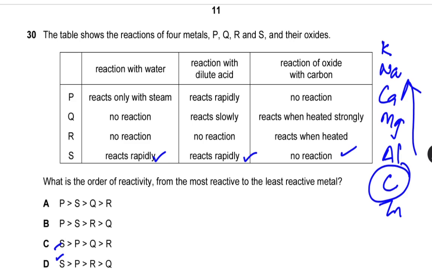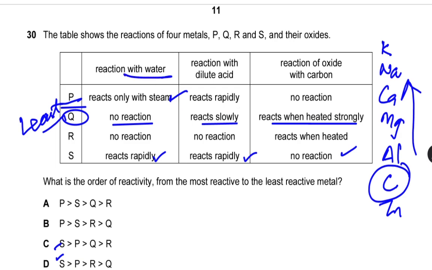Then move towards the H. You all see which one is the least reactive. No reaction, react slowly, react when heated strongly. So no reaction, reacts when heated. Q is very slow, very least reactive. Then P reacts with steam, so P will come in the center.